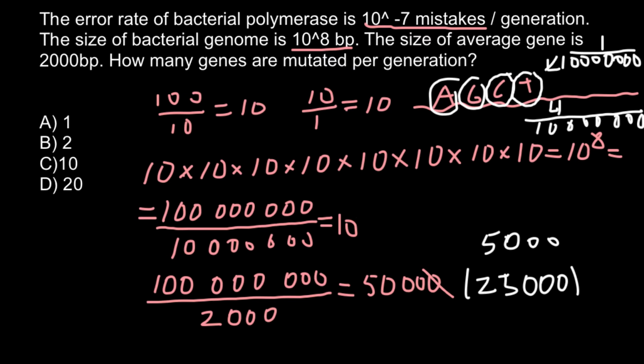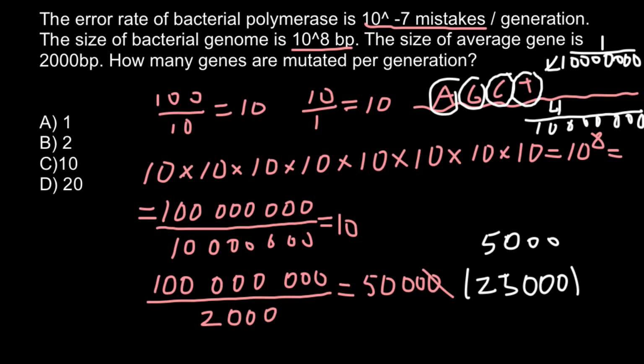And by the way, this number of base pairs per one gene is also not very realistic, because the normal size of a bacterial gene is about 1000 base pairs. But at least this number is close to the real number, so we may leave it.